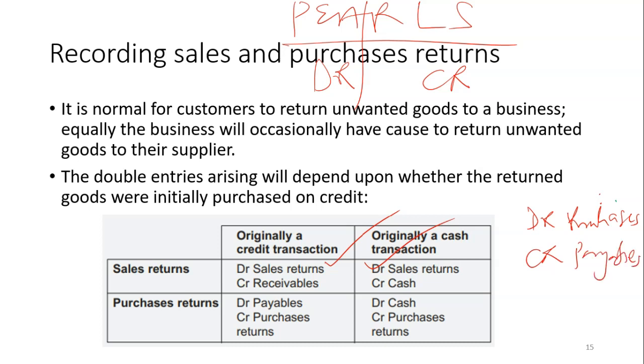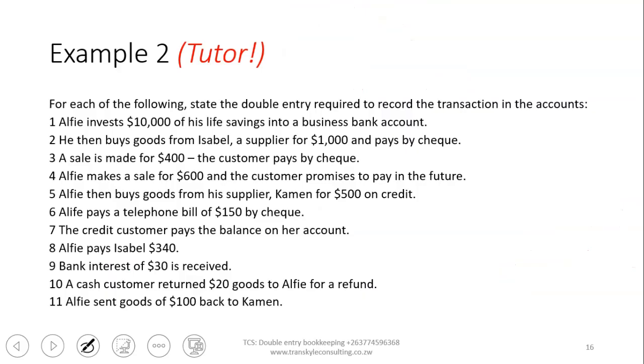But in this case, you have returned some of the purchases. So to reduce the purchases, you have to credit it. This is why it is being credited. And you have to debit the payables to reduce the payable. In terms of the money, you are going to debit the cash because you are going to receive a refund from the supplier. I'm sure that one is understood.